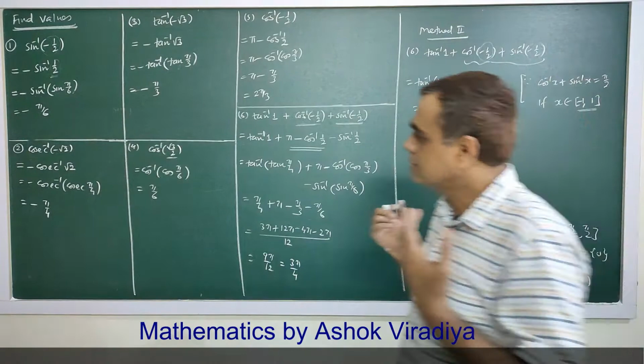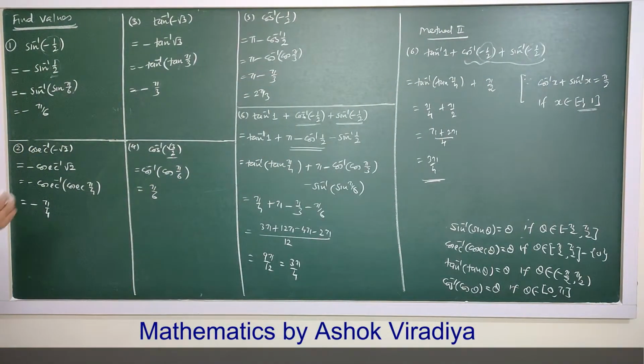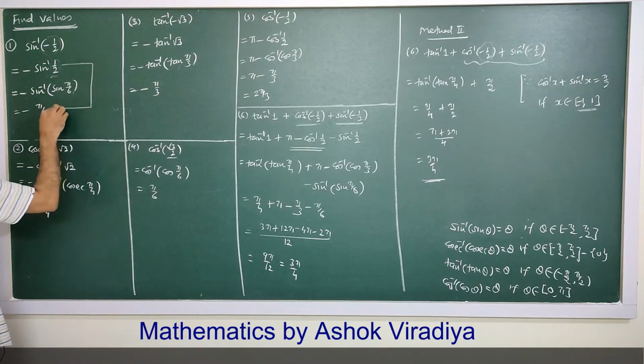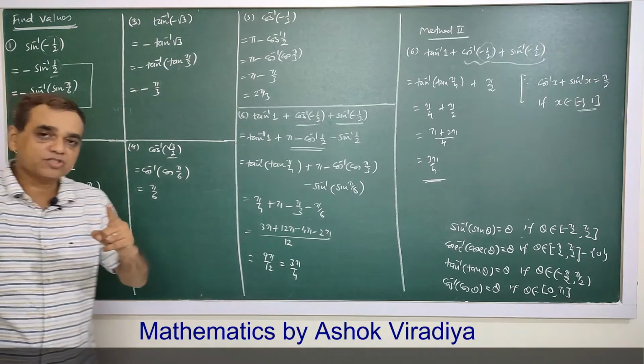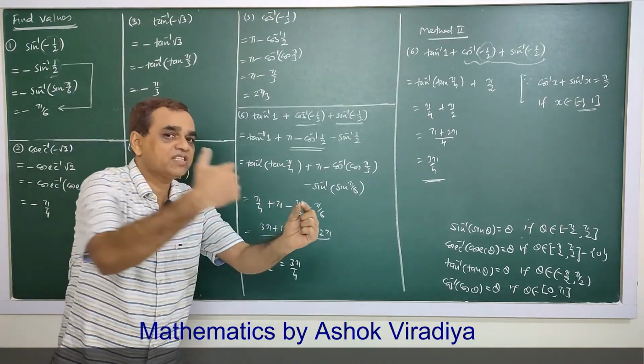See, when doing multiple choice questions, short questions, after this step, directly you can put this step. Sine inverse half is pi by 6, because sine pi by 6 is half.